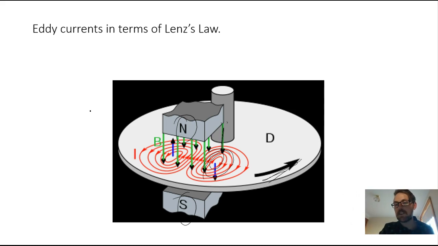The way it does that is it creates these eddy currents, these circular currents, and we get these little blue magnetic fields. If we circle around using that right-hand rule, with the circles going this way, we get a magnetic field in the opposite direction. So these eddy currents, these circular currents, are created to oppose the magnetic field on a piece of metal.